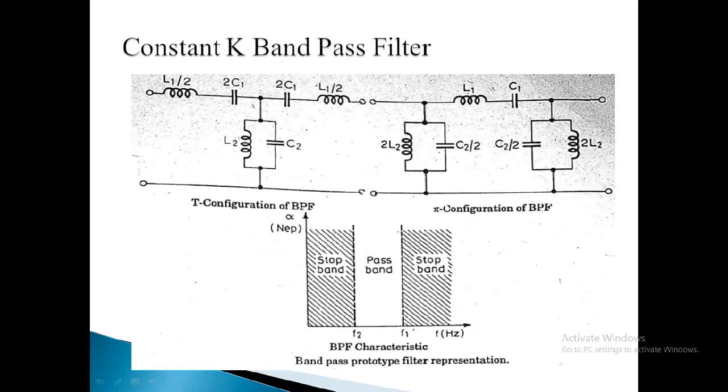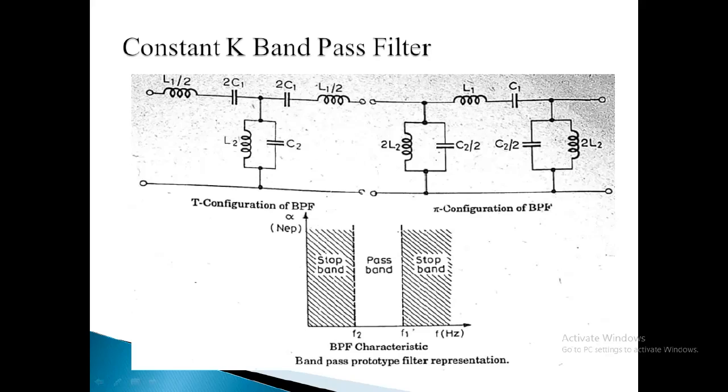Then come to the constant K bandpass filter. The constant K bandpass filter is the combination of low pass and high pass filter. Here the series arm impedance is the series combination of inductor and capacitor, and shunt arm impedance is the parallel combination of inductor and capacitor.